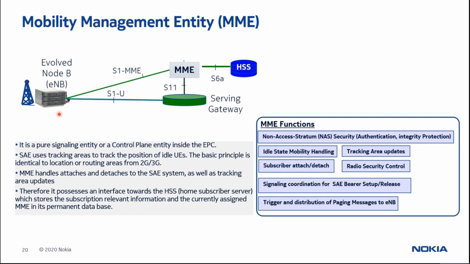It will obviously get established through eNodeB, but eNodeB does not process the data related to non-access stratum. It will simply transparently forward it to MME, and MME uses this non-access stratum to perform authentication and integrity protection. How the authentication is done, how the integrity protection is done, is not part of this scope, but you can obviously refer to that offline.